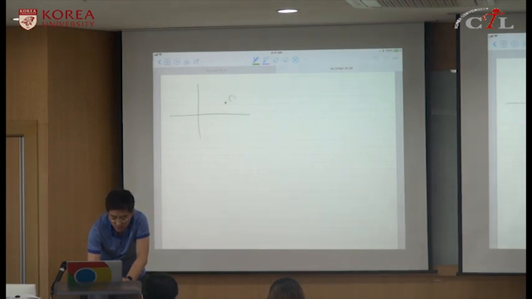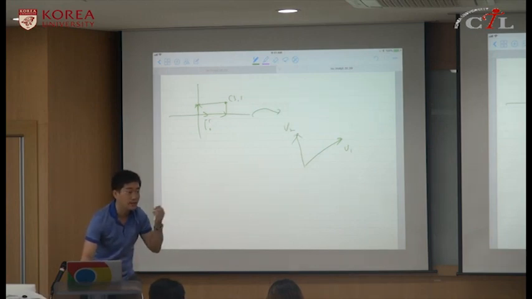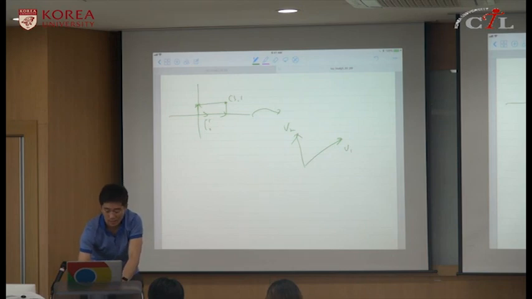So if we have a 3, 1, then we can draw this rectangle, and now this 1, 0 was actually changed into this vector, and this one is V1, and this one is maybe V2. Let's suppose that is in the three-dimensional space, and then this point 3, 1 will be mapped into this vector times 3, and this vector times 1, and this point, right?